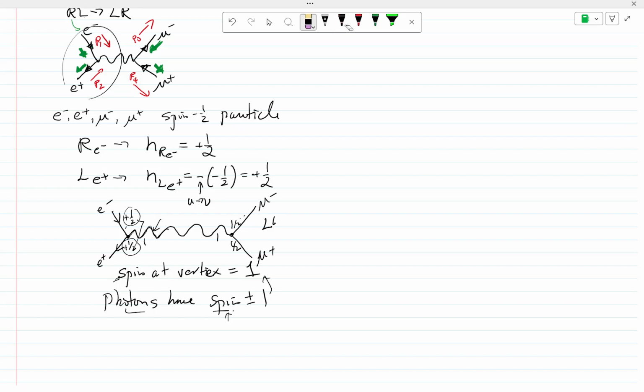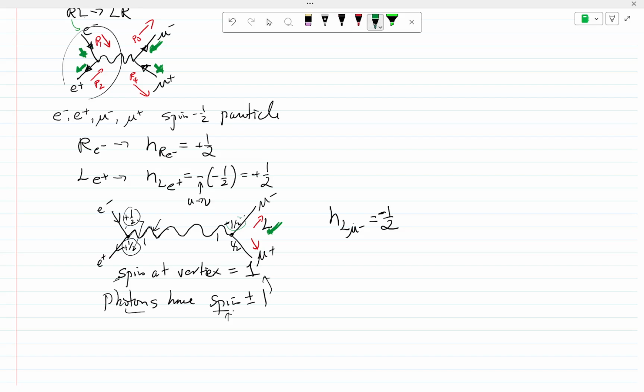Let me use the same color coding as above. You have the momentum coming out, and the spin in the opposite direction, so this is a spin of negative 1/2. The helicity of the left-handed muon, since it's a particle, we don't do the sign flip, so it's actually negative 1/2.